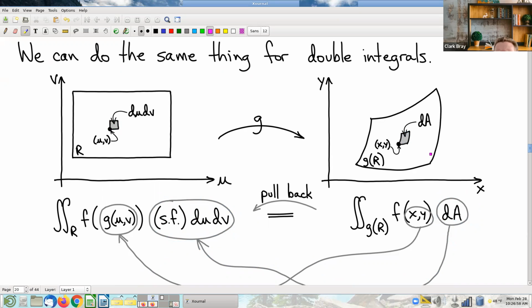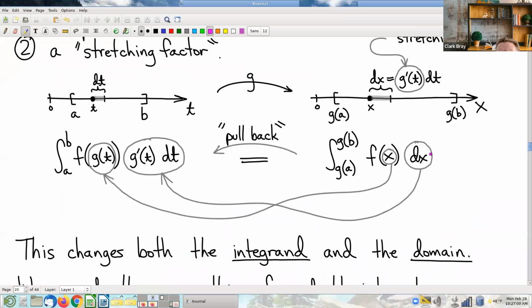Okay, why would we want to do such a thing? Well, let's revisit. Why did we like the substitution rule for single variable integrals? In most cases, the reason we like it is because it allows us to change our integrand. You have done a bazillion integrals in your lives, and it might be the best tool that we have for finding an antiderivative.